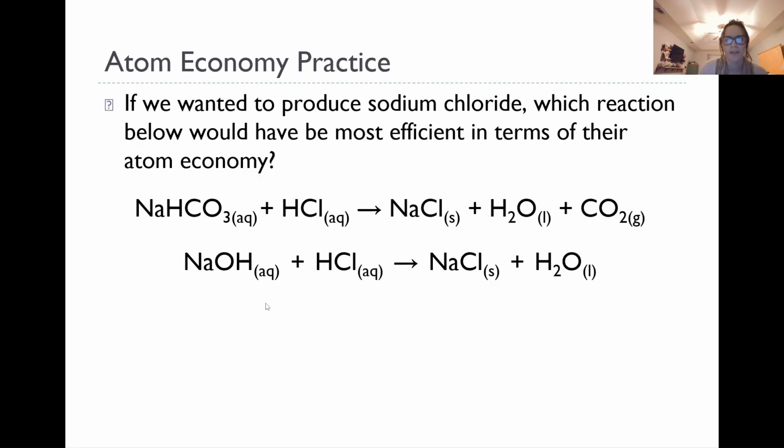So that means a smaller denominator and therefore a larger percentage will be achieved in this second reaction here. And also just thinking about environmentally speaking, you're not producing carbon dioxide gas in the second equation. So it's probably better overall.